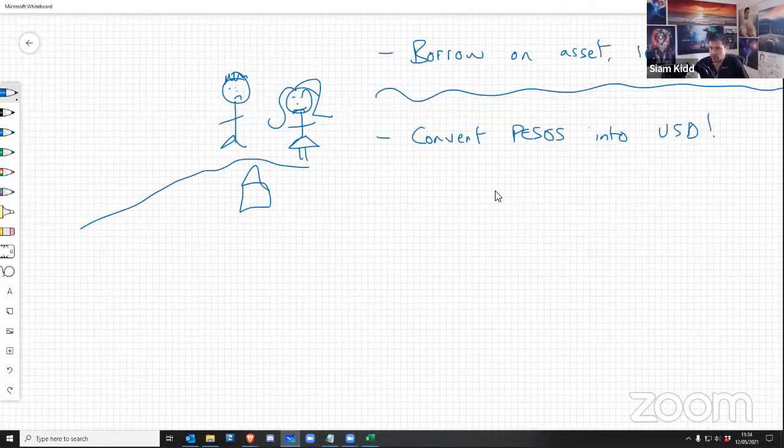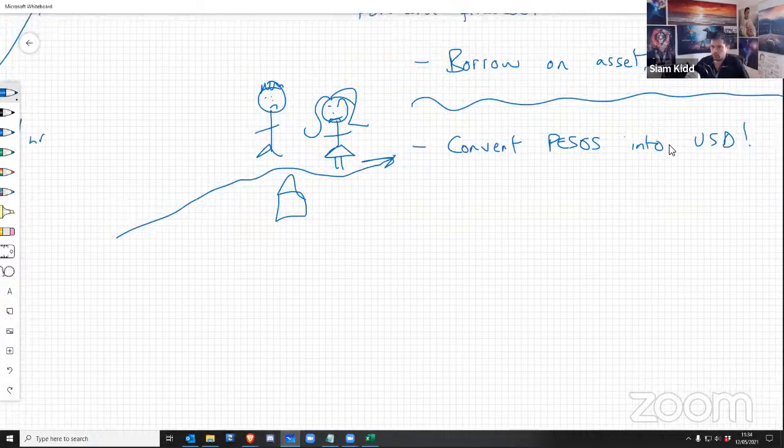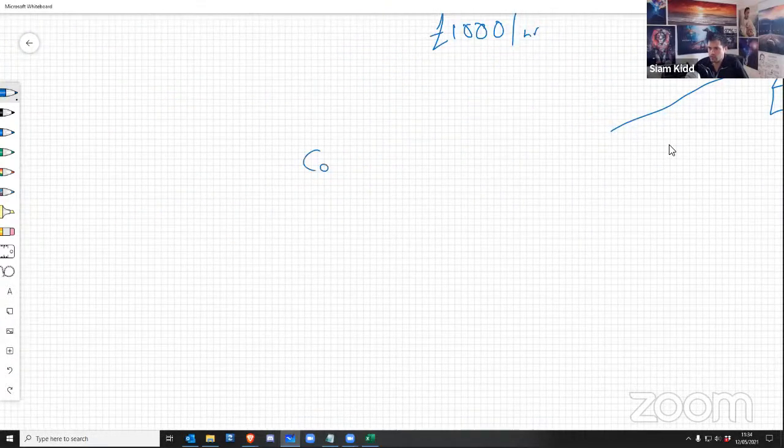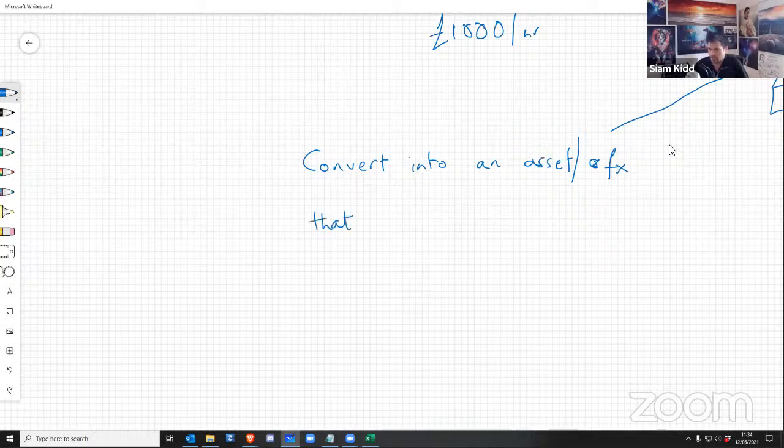What I actually mean by this is that if you want to be technical, you need to convert it into an asset or currency, I'll just put currency, that is deflationary or non-inflationary in comparison.